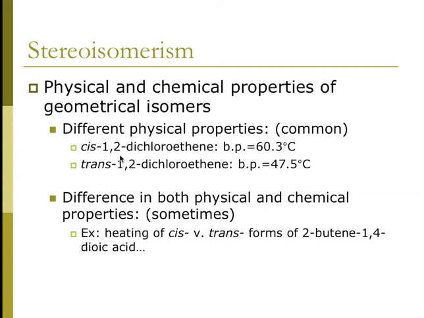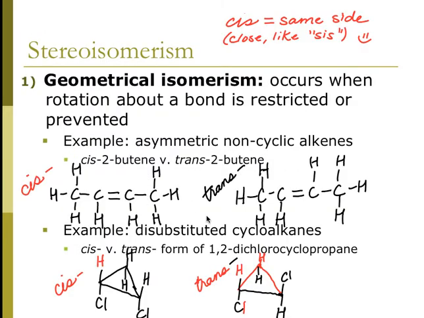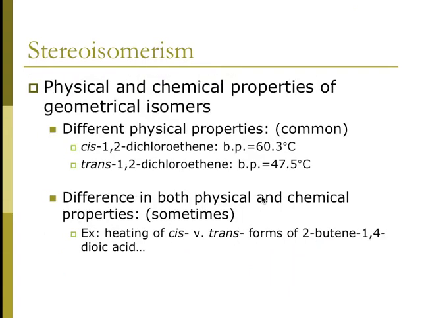The cis and trans forms have different physical properties, and it has to do with the intermolecular forces between these molecules, dipoles and van der Waals. In the trans form, with those identical groups on either side, the dipole moment is canceled out, so this is more likely to be nonpolar.